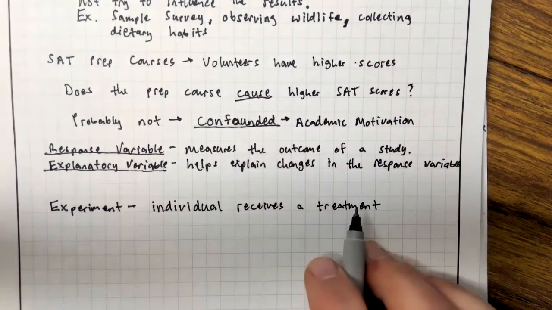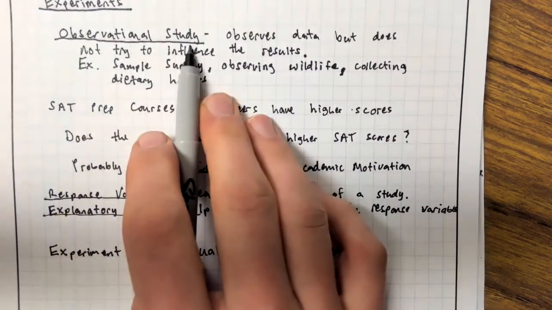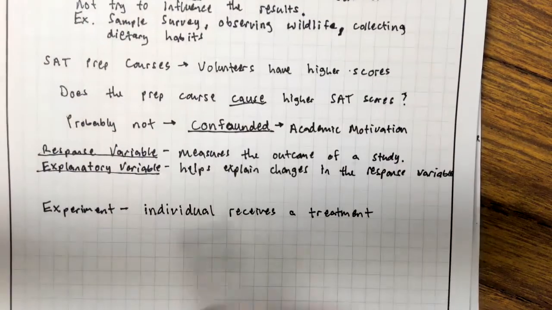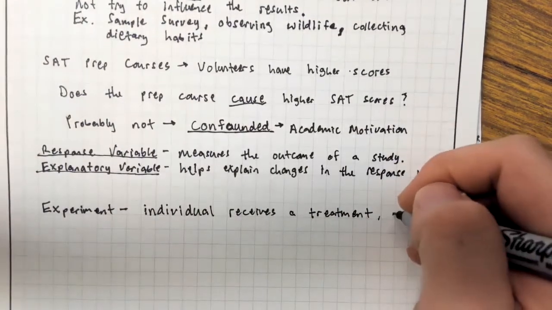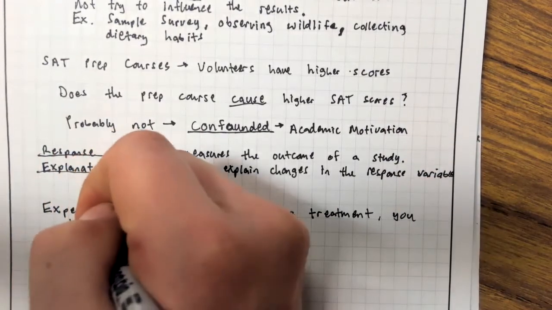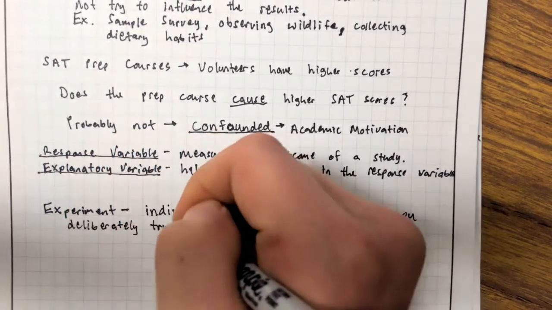Individual receives a treatment. So like for an observational study, you're not trying to influence the results whatsoever. For an experiment, you deliberately try to influence results.